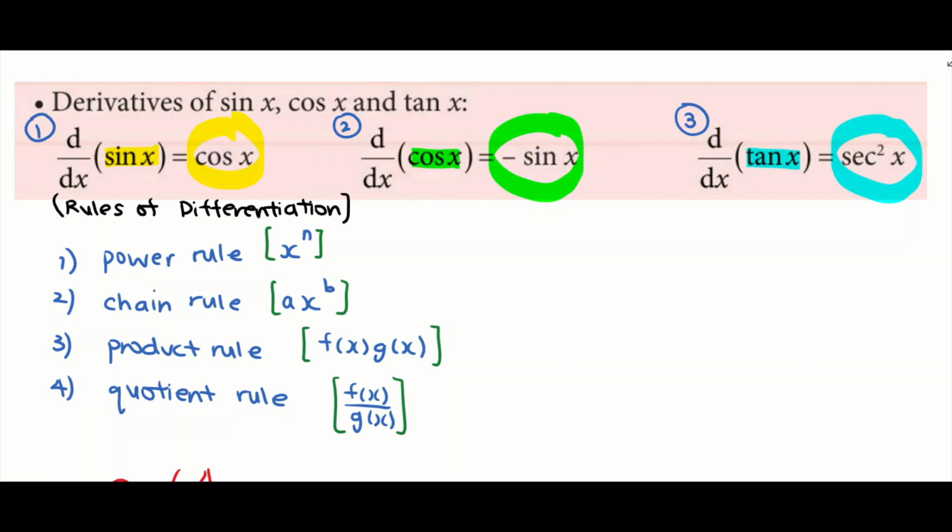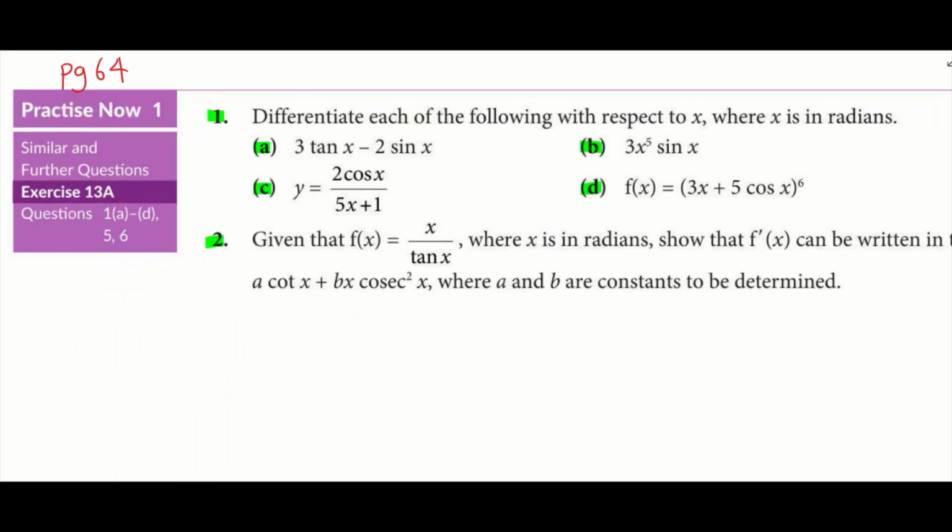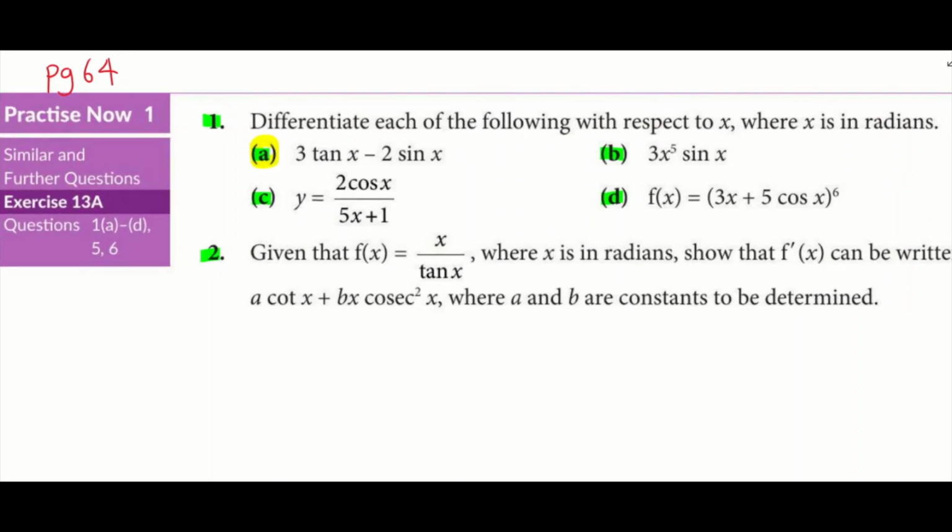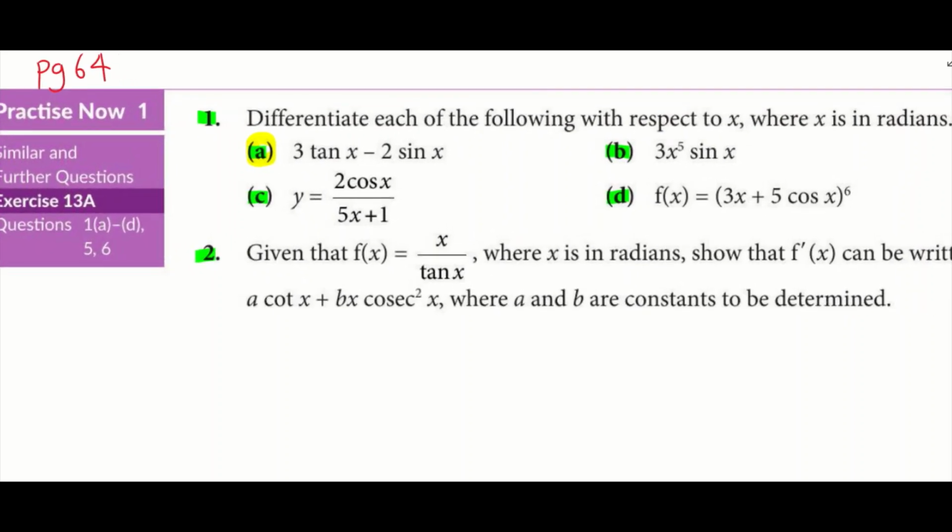And don't forget that we will still refer to the rules of differentiation that we have learned: power rule, chain rule, product rule, and quotient rule. Let's look at some questions. I'm looking at question A, 3 tangent x minus 2 sine x. It's better to put a y equals in front of it. Let's differentiate this.